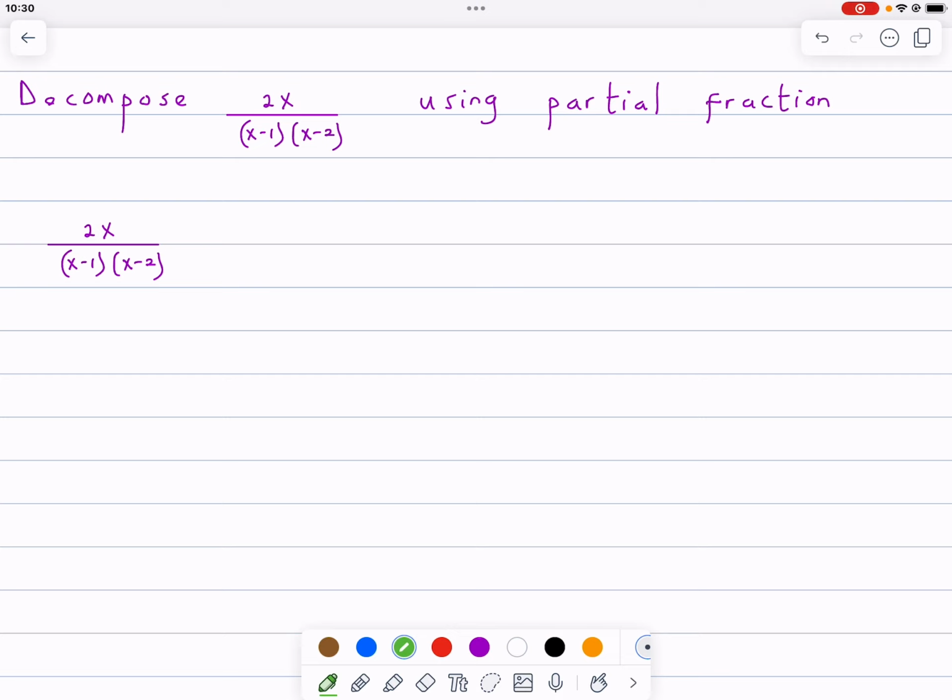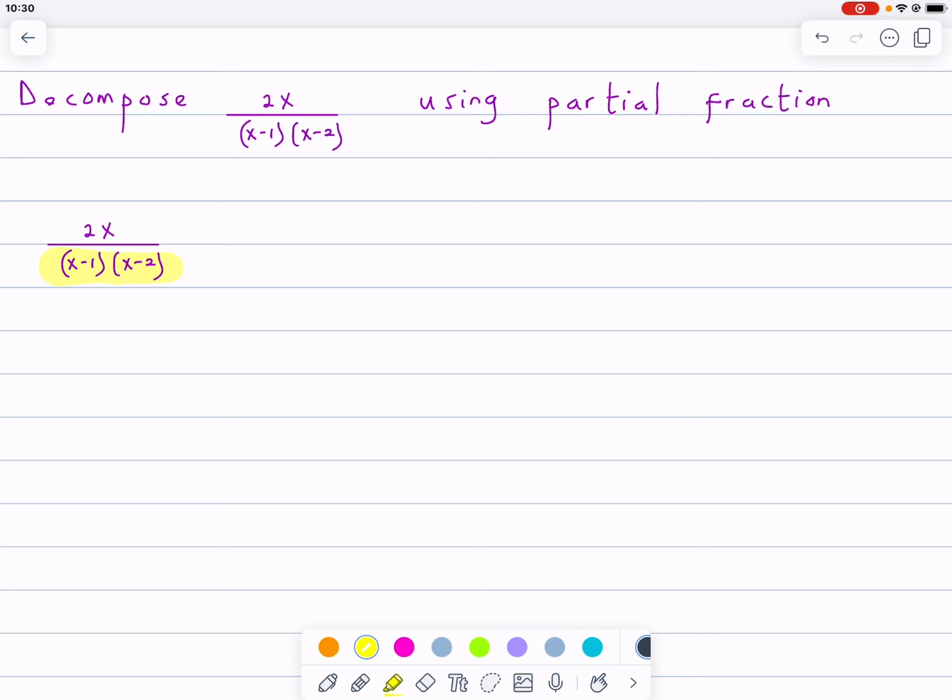Now, observe the denominator. The denominator is a product of distinct linear terms. The linear terms in the denominator are x minus 1 and x minus 2. They are distinct, they are different, right?